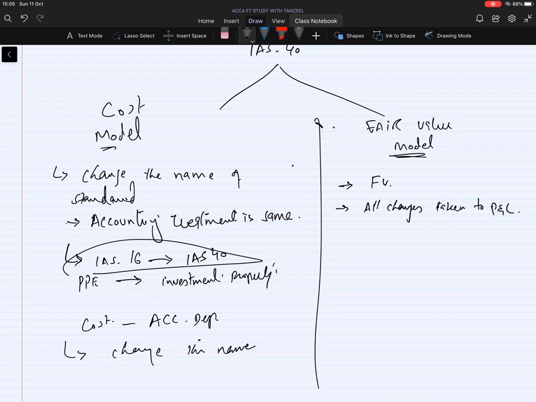Under IAS 16, changes up and down go to OCI or revaluation reserve, but in IAS 40 all changes go to profit and loss, and no depreciation is charged under the fair value model of IAS 40.